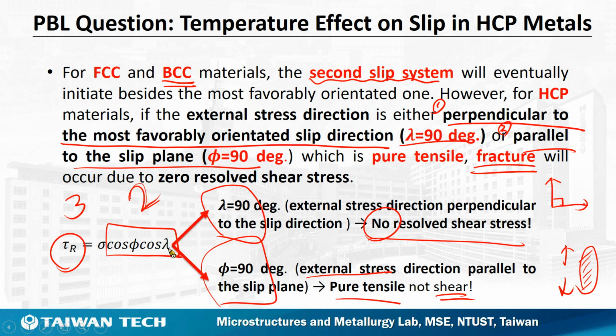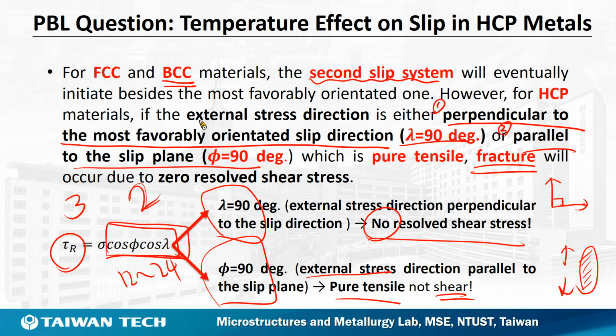If this factor is very low, then it will be hard to slip. But in FCC and BCC metals, they have 12 to 24 slip systems. So there is a very high probability of having a very high Schmid factor, so that it will be easy to slip.